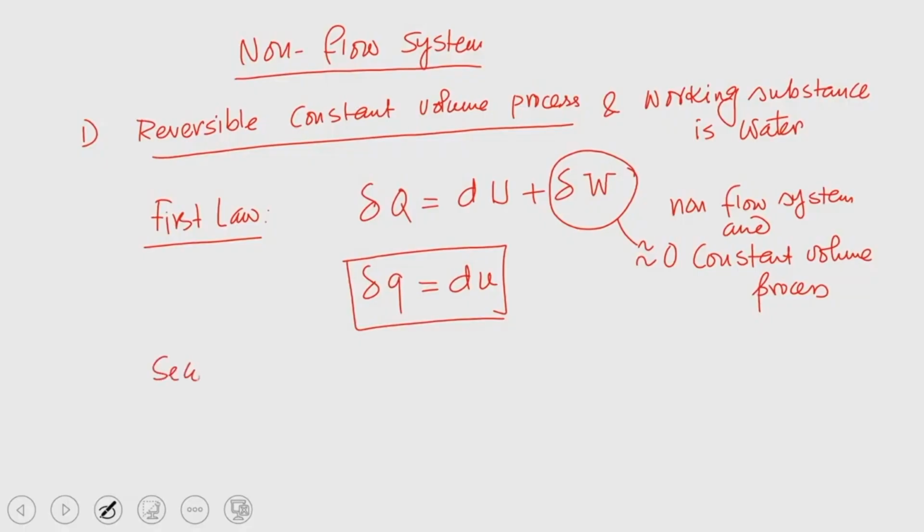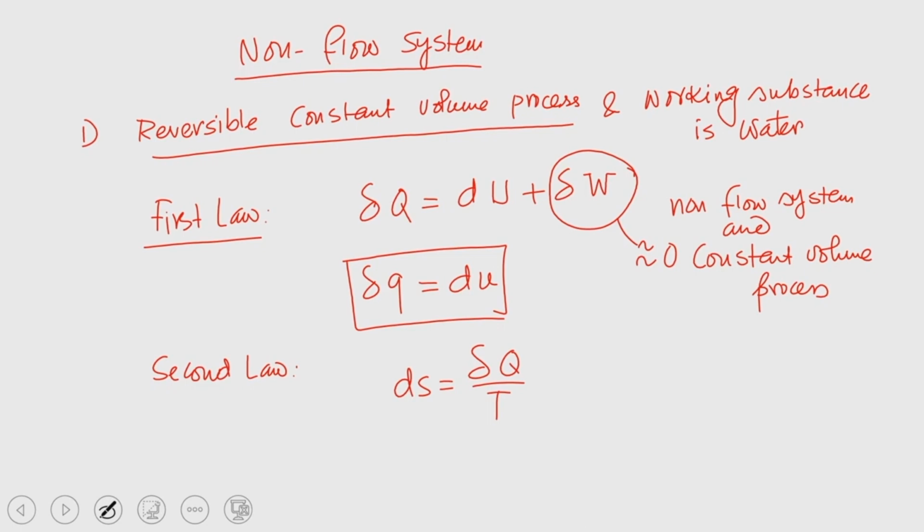Second law. What is the second law? For a reversible process, we can write dS equal to delta q by T. We have not used the inequality sign, because we have accounted for the fact that this is a reversible process.